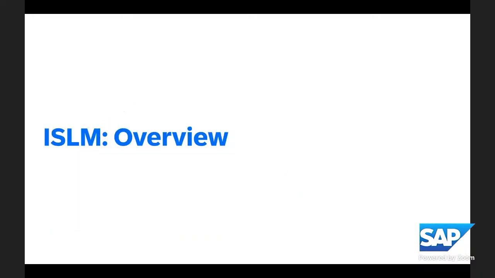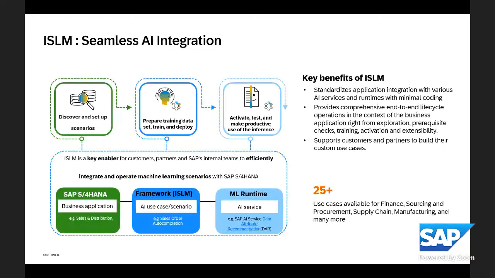So let's jump into what ISLM is. Now, ISLM comes into play when we want to realize this vision that we saw. It is a framework which is designed to seamlessly integrate AI into business applications, and it just doesn't stop at integration.